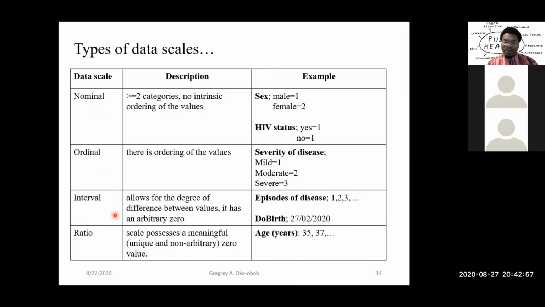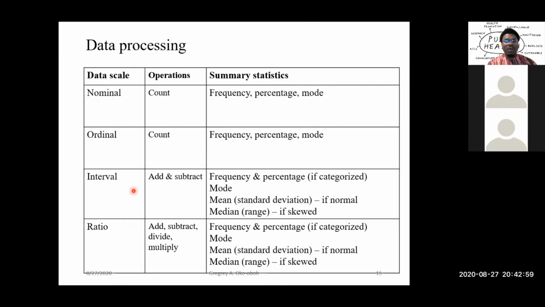Now, if you take it a little bit further, nominal scale, you can count them, and we usually present them as frequency, percentages, or mode. Ordinal, same thing, we count, and we represent them using frequency, percentages, and mode. Interval scale, we can only add or subtract, nothing more. So your date of birth can be added or subtracted.